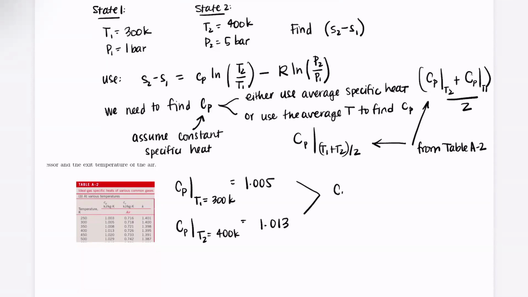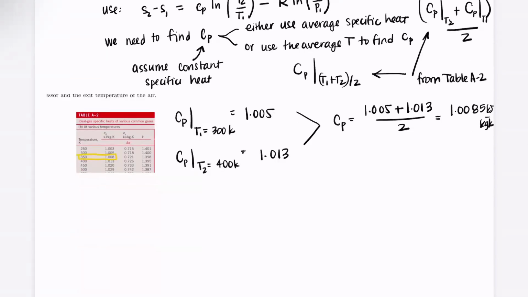So we can put these together and say that CP for this problem is the average between these two, which is 1.008 kilojoules per kilogram K. Or we could have looked up the average temperature between 300 and 400, which is just 350, and there's also a line item for 350, which would be 1.008. So we can use either of these methods.